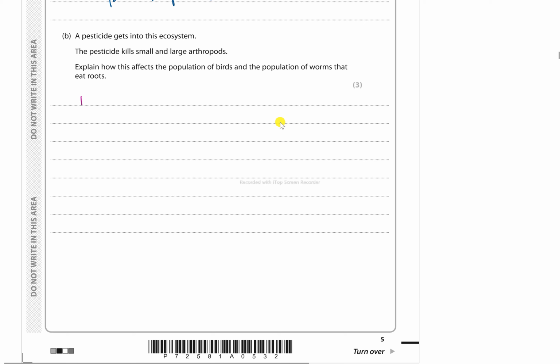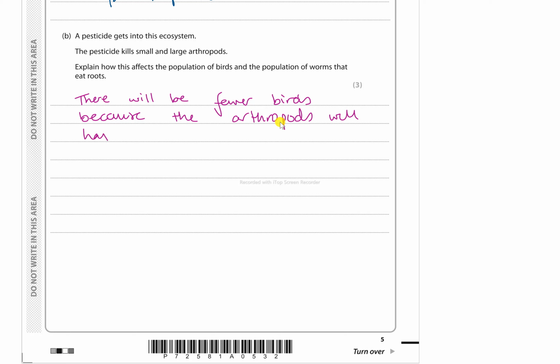What happens is there will be fewer birds because the arthropods will have died, so less food for the birds. That's one side of it.